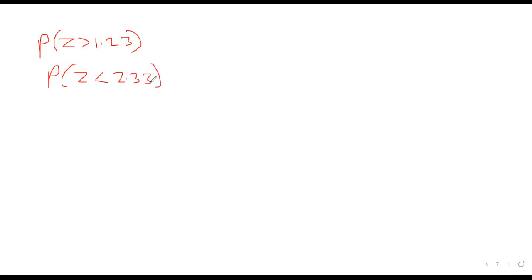If you're directly asked to find the probability Z is greater than 1.23, you first illustrate and you put 1.23 here. Greater means shade to the right.